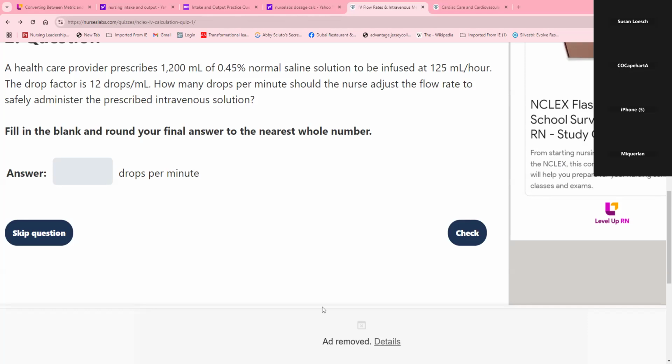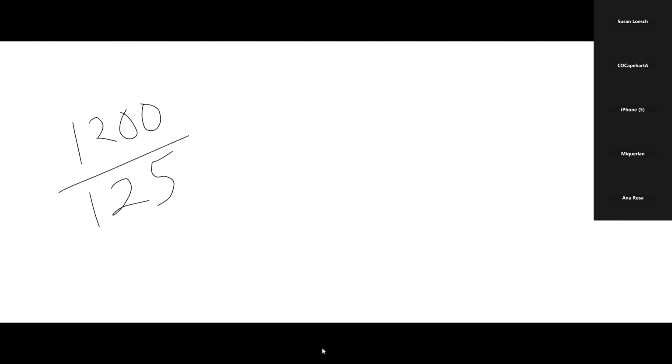Now, typically on a drops per minute question, we'll say take the total volume over the total time in minutes times the drop factor, which if you had 1,200, you would have had to divide that by the 125 to tell you how long the infusion was running for. And what'd you get? 9.6. Okay, so it's running for 9.6 hours.